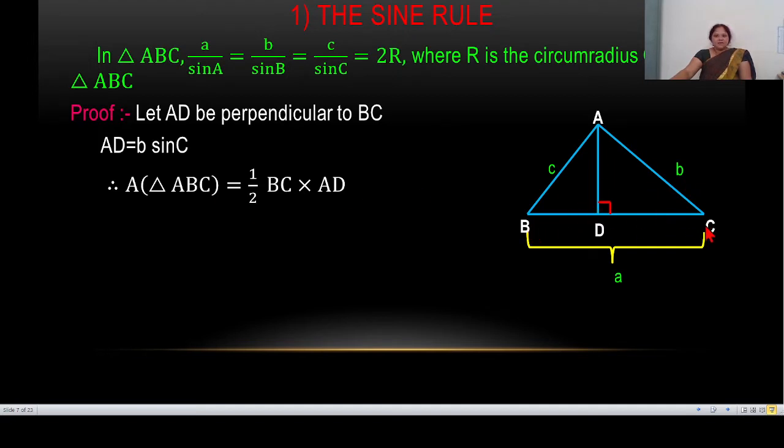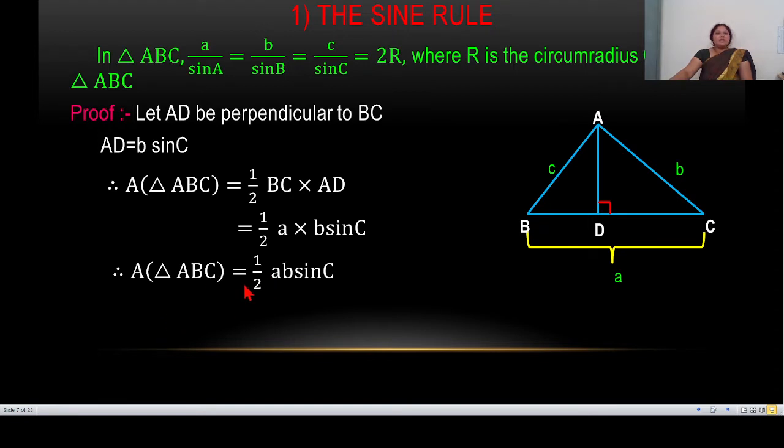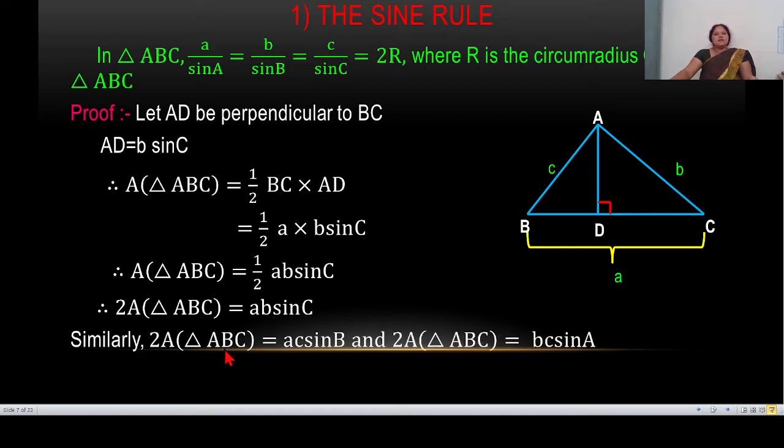Here base is length BC and height is length AD, and therefore 1 upon 2 into length BC, which is small a, and AD equal to b sin C. Therefore, area of triangle ABC equal to 1 upon 2 ab sin C. And therefore, 2 into area of triangle ABC equal to ab sin C. Similarly, 2 into area of triangle ABC equal to ac sin B, and 2 into area of triangle ABC equal to bc sin A. And therefore, ab sin C equal to ac sin B equal to bc sin A.